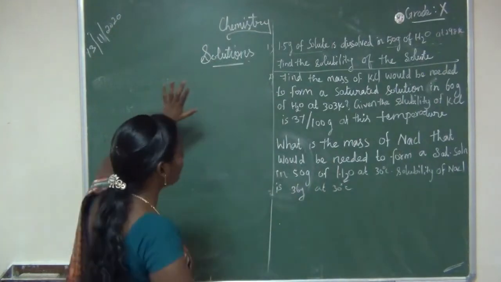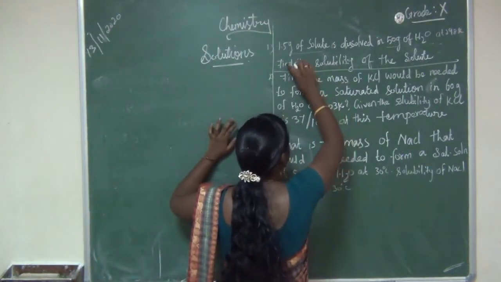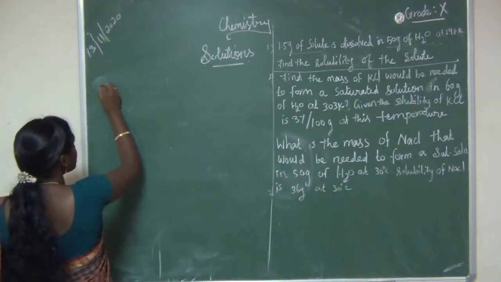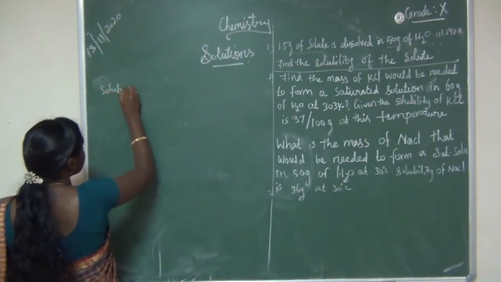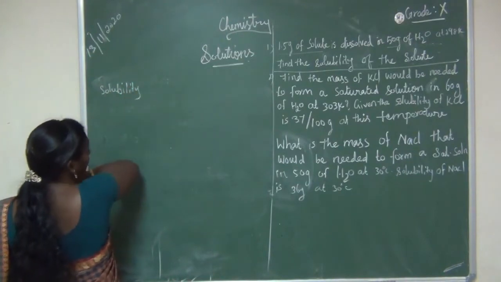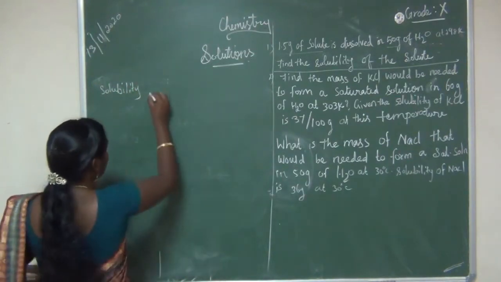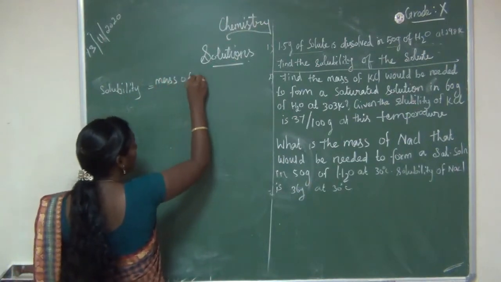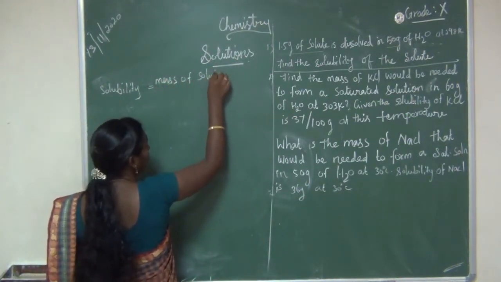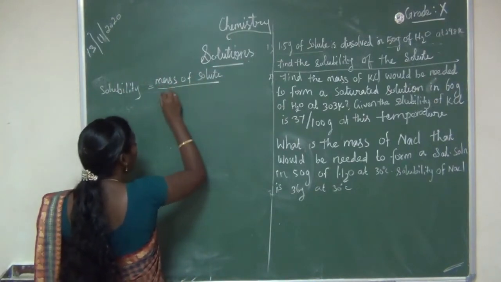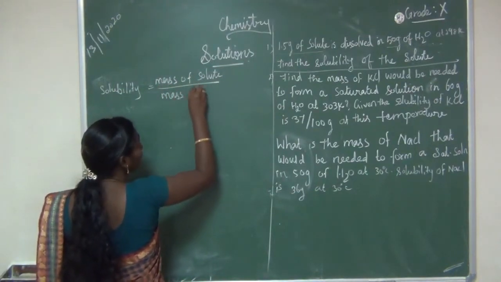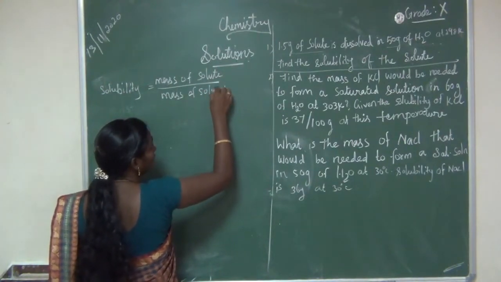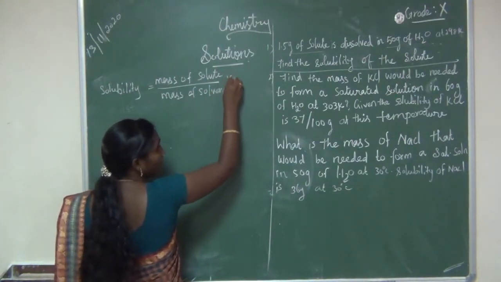So now we need the solubility formula. Find the solubility of the solute. First we need to write the formula. Solubility is equal to the mass of the solute divided by the mass of solvent, into 100.